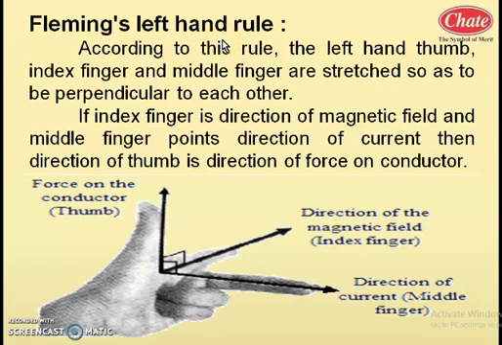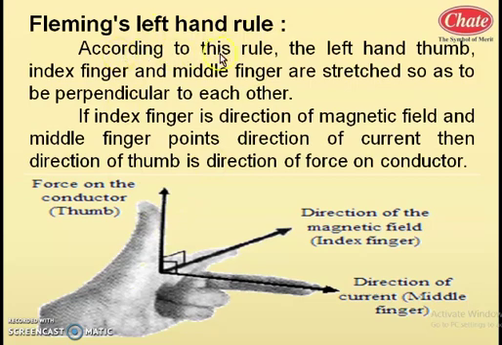When a current carrying conductor is placed in a magnetic field, it experiences a force, and its direction is given by Fleming's left hand rule.